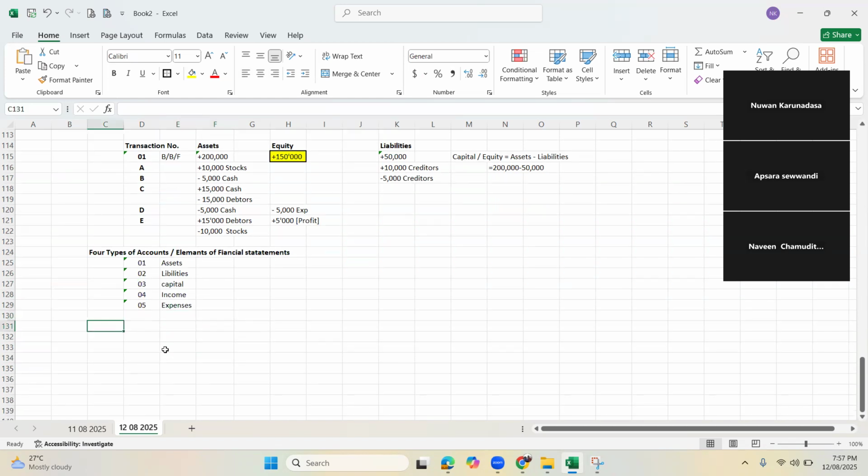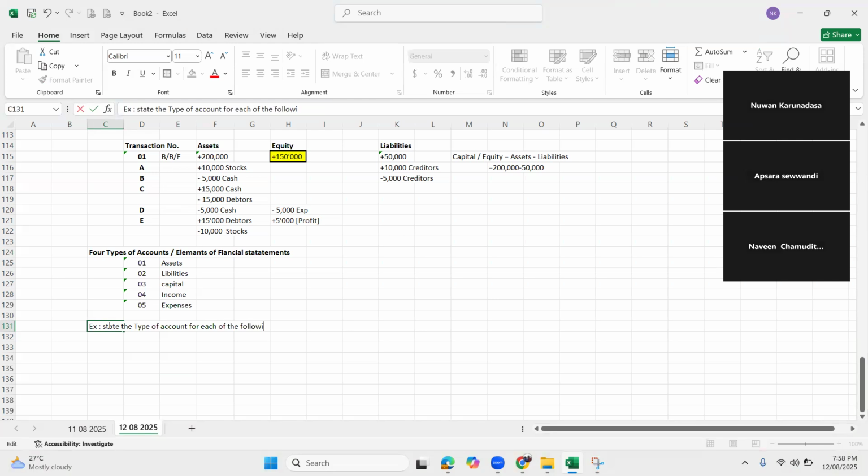So I'll give you an exercise. State the type of account for each of the following. I'm giving a bigger list. For example, cash in hand.